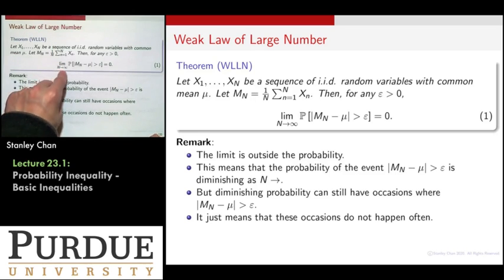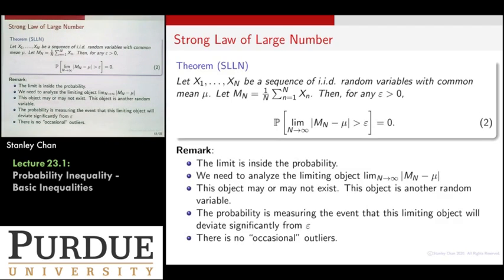The reason is that this limit is actually outside the probability. It is called weak because as n goes to infinity, you're not guaranteed that all the samples are within the bound. You're still saying that the probability that one sample will go out is very small, but you cannot eliminate the possibility. So that's called the weak law.